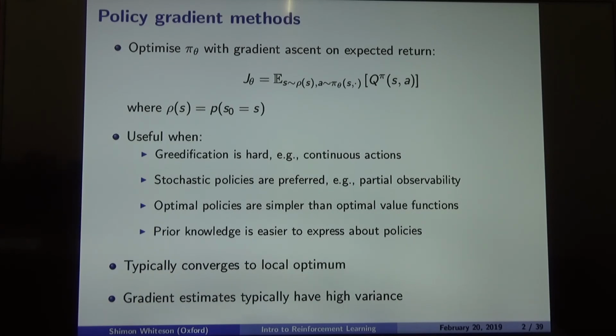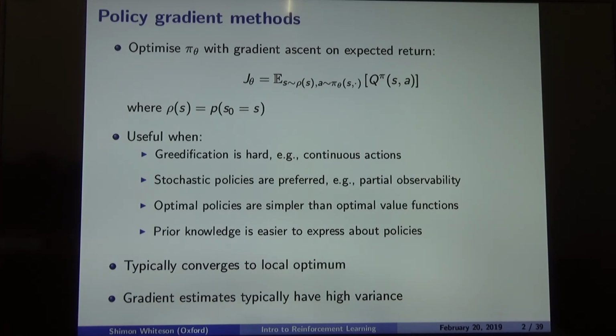You have prior knowledge about the policy, but there's still something left to learn. Whereas value functions tend to be something that humans do not have a lot of intuition about. So prior knowledge that would help you parameterize your value function is much harder to come by.